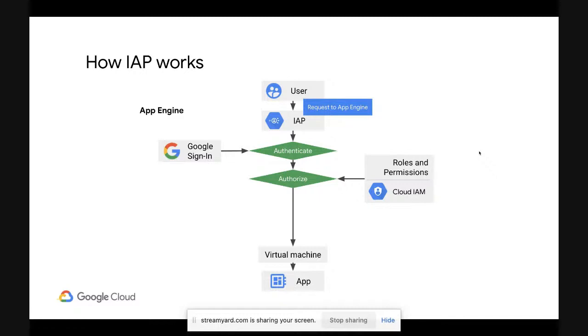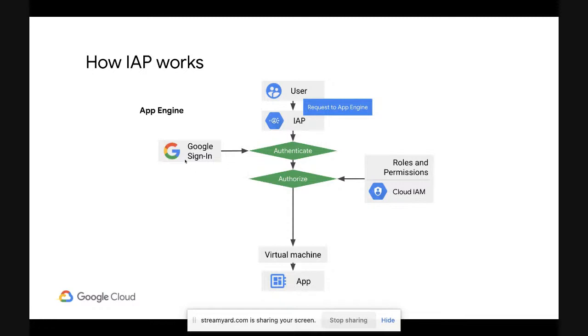When you grant a user access to an application or a resource by IAM, they are subject to the fine-grained access control implemented by this product, without the need of a VPN or firewall rules. So the IAP is what is doing the authentication and authorization.